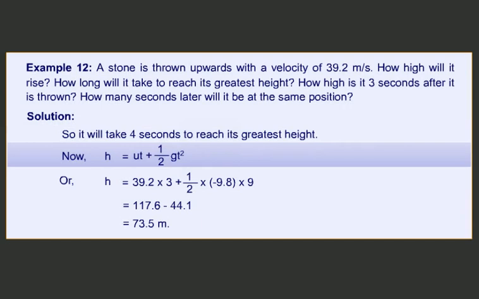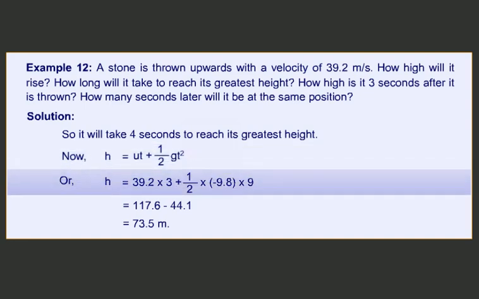Now, let us calculate how high will it be in 3 seconds after it is thrown. We have the relation h is equal to ut plus half gt square, or h is equal to 39.2 into 3 plus half into minus 9.8 into 9.